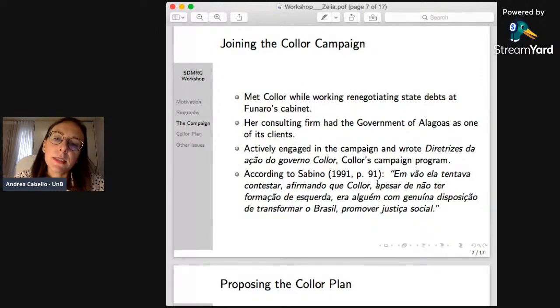And I like this sentence, where he says, em vão ela tentava contestar, afirmando que Collor, apesar de não ter formação de esquerda, era alguém com genuína disposição de transformar o Brasil, promover justiça social. Sabino is saying that although Collor was not from the left, he wanted to change Brazil and promote social justice. This shows, at least in the book, at least for Sabino, at least then, a bit of her contradiction.